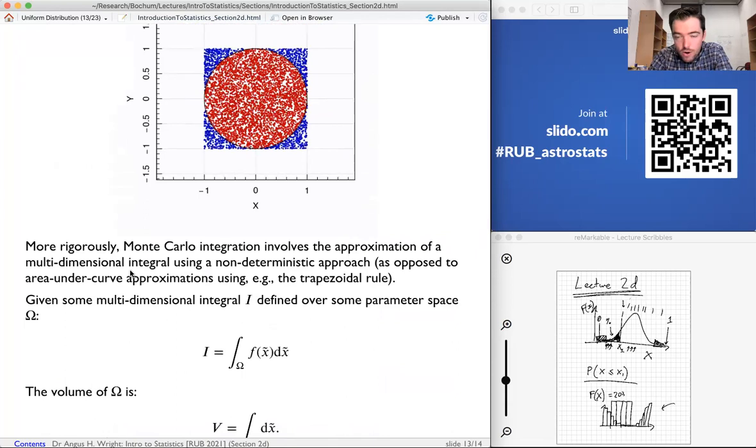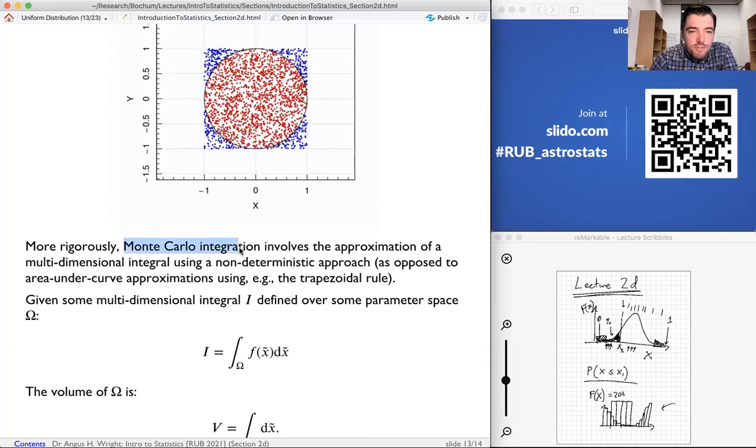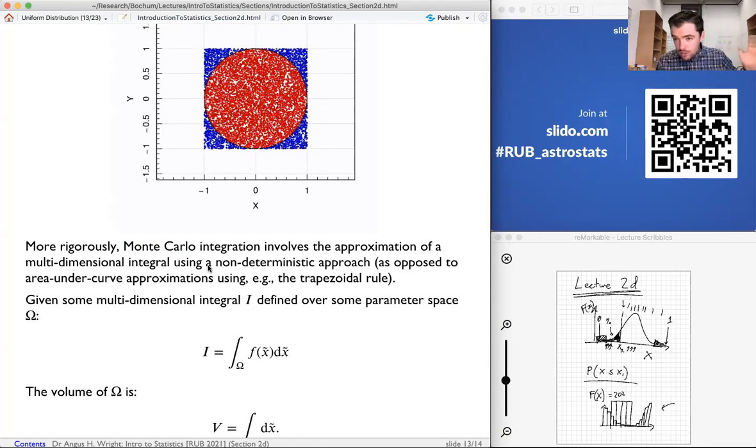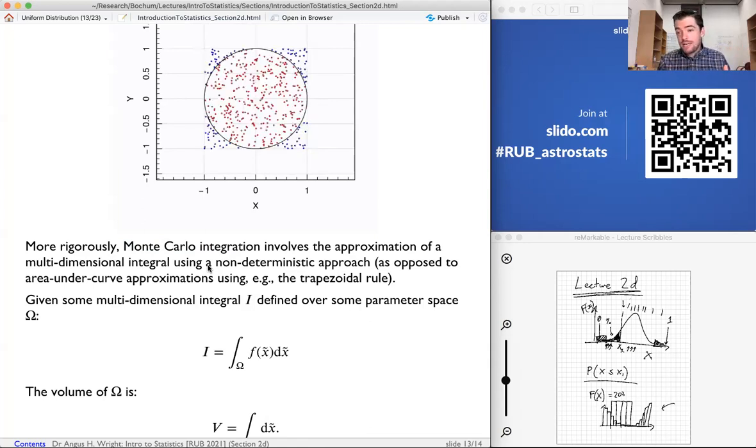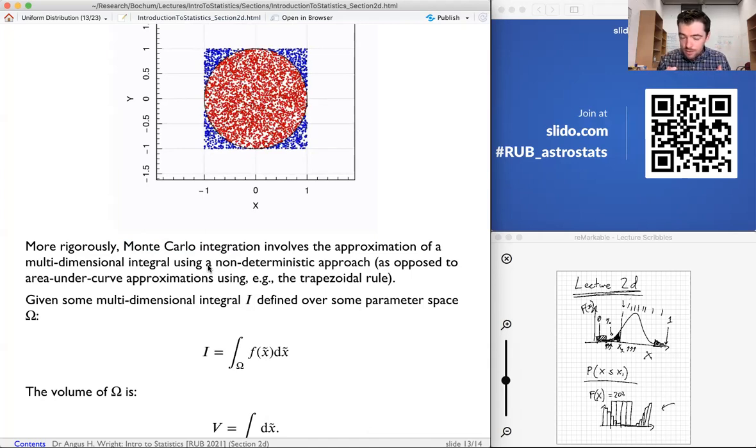Looking at why this works in a more rigorous sense, it essentially involves, like I said before in words, this approximation of a multi-dimensional integral by generating pseudo-random numbers, an estimate of the integral.